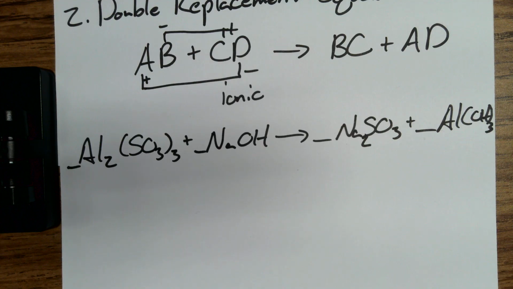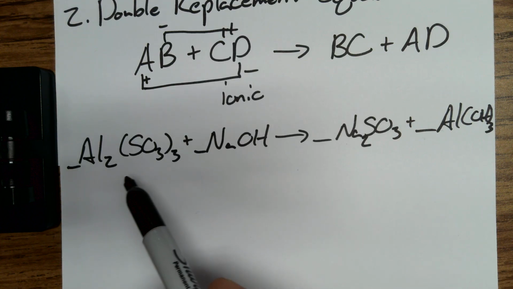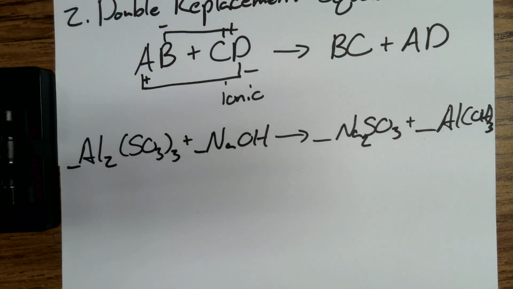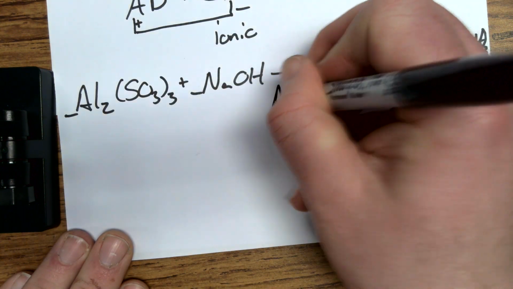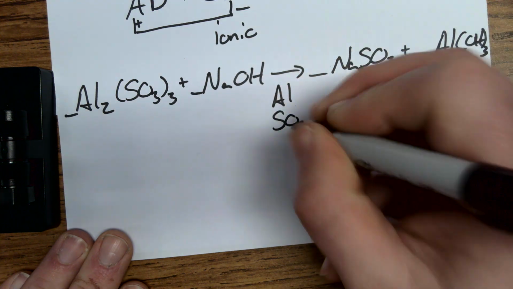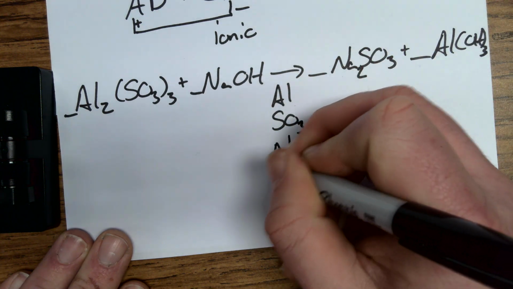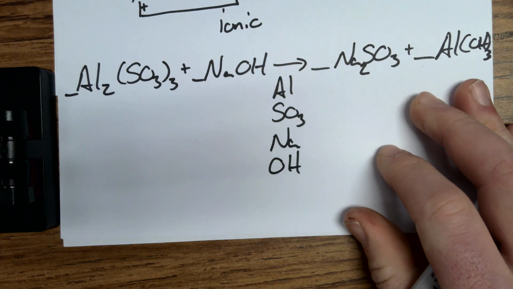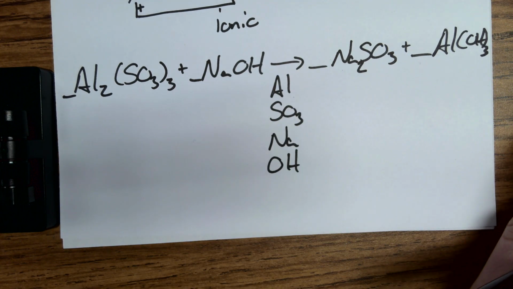Because I see SO3, SO3, I don't have to break those up. Because I see OH group, I don't have to break those up. I can count them as their whole thing. So instead of having 1, 2, 3, 4, 5 different atoms to worry about, I could simply just use my polyatomic ions: aluminum, sulfite, sodium, hydroxide. And count them as I go.